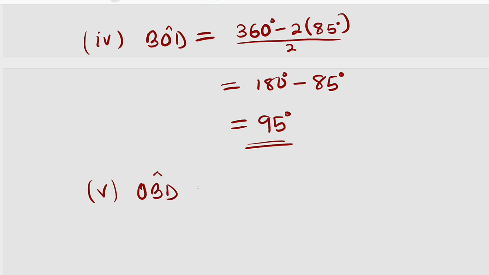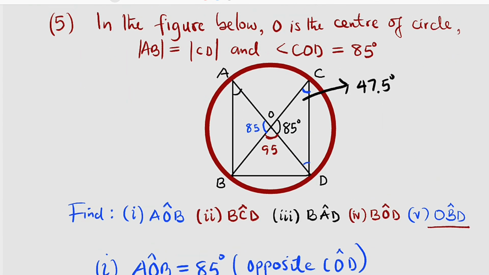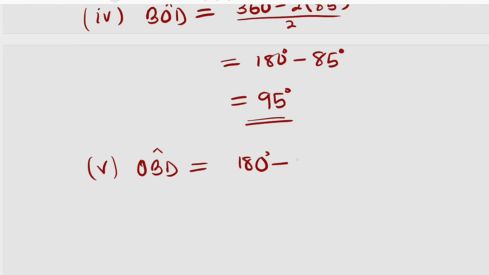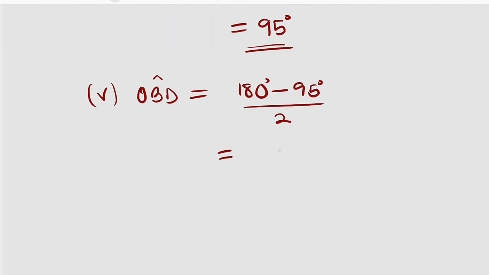OBD will be equal to 180 degrees minus 95, right? And since the two angles are the same, we divide by 2. This is equal to 180 minus 95, which will give us 85.